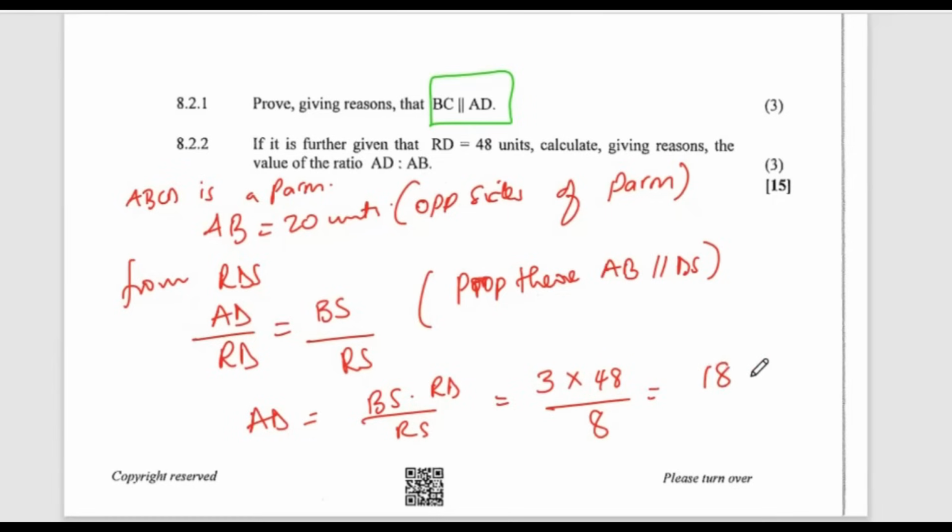So it means I'm having 18 units. Which means the ratio of AD to AB, I'm going to have 18 is to 20, because our AB was 20. Remember, initially we said this. So when I simplify this, I'm going to have 9 is to 10.